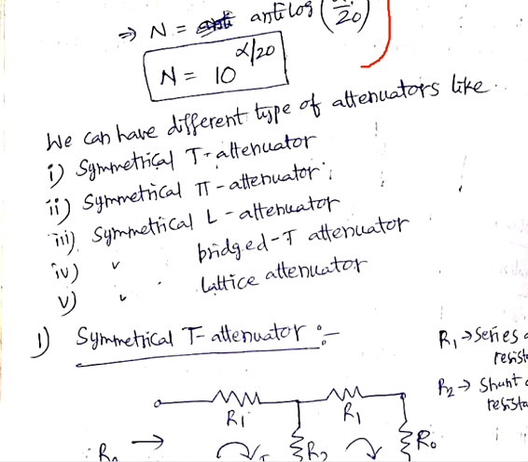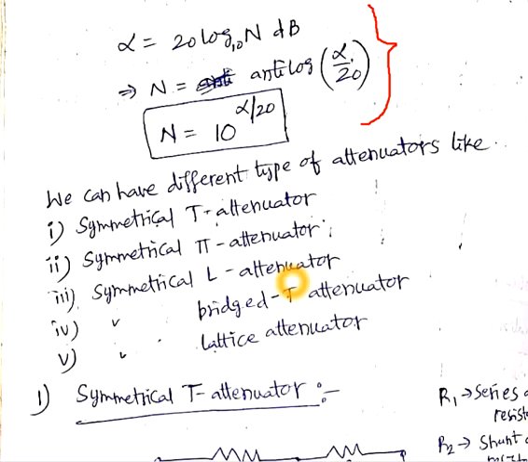Similarly, we can have a symmetrical pi attenuator, symmetrical L attenuator, symmetrical bridge T attenuator, as well as symmetrical lattice attenuator. We will be seeing symmetrical T, pi as well as bridge T attenuators in the coming classes. Thank you.